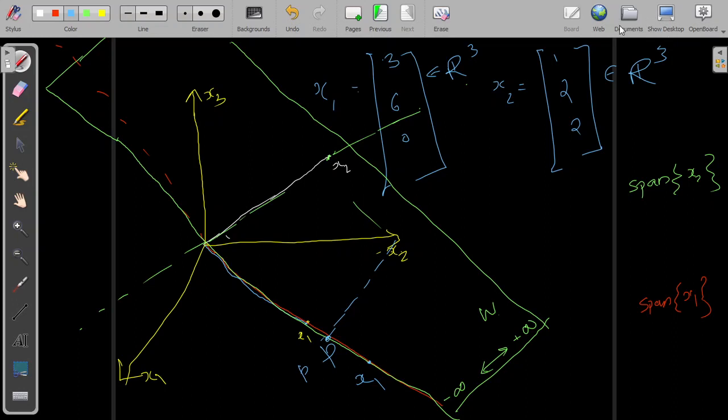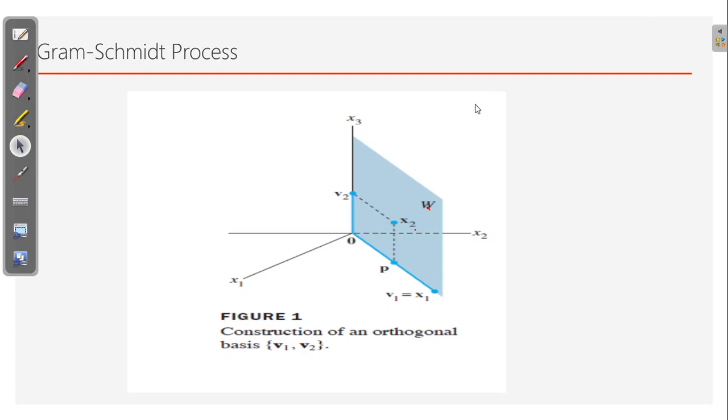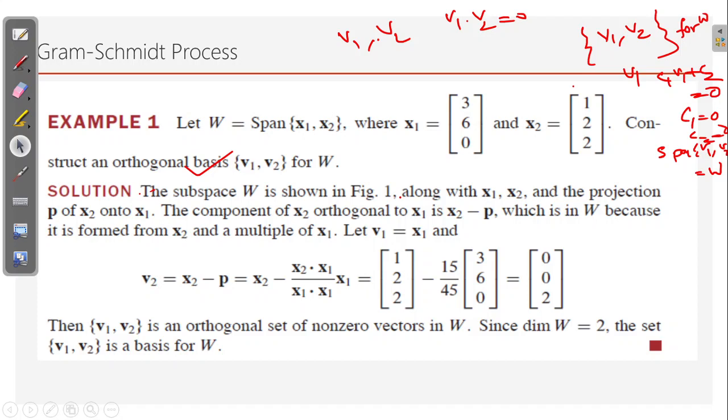Now I have this projection p, and I will also have another vector, that is the component of x2 orthogonal to x1.